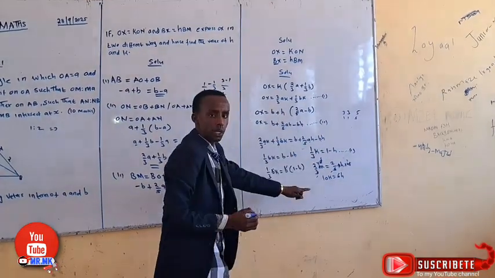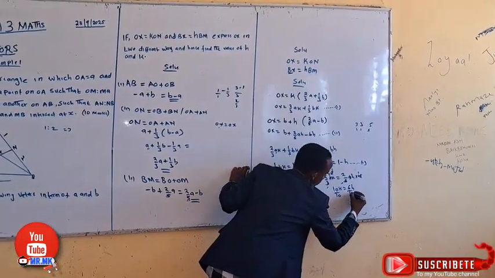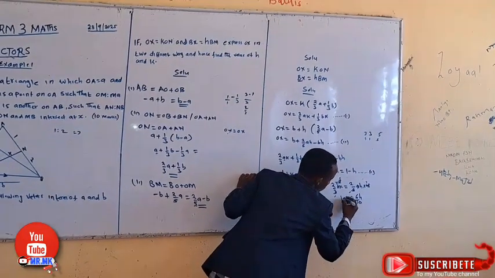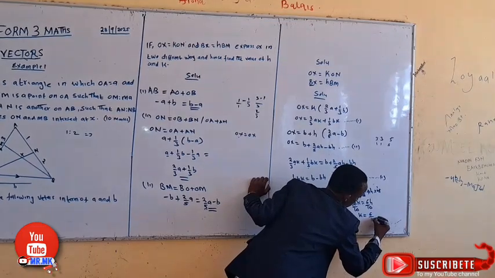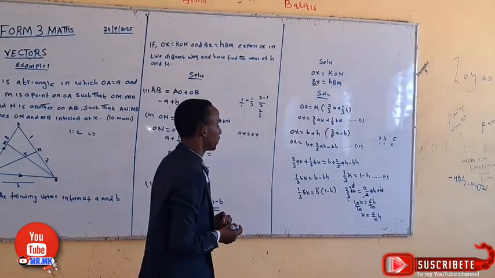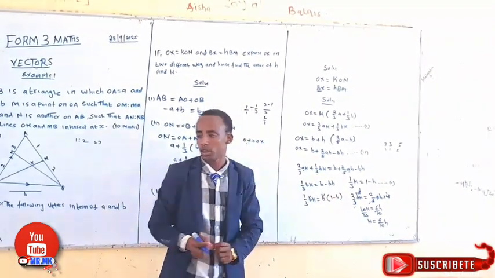If I were to remain with the value for k alone, I just say divided by 10 on both sides. 10 will cancel. The value for k will be 6 over 10 h.